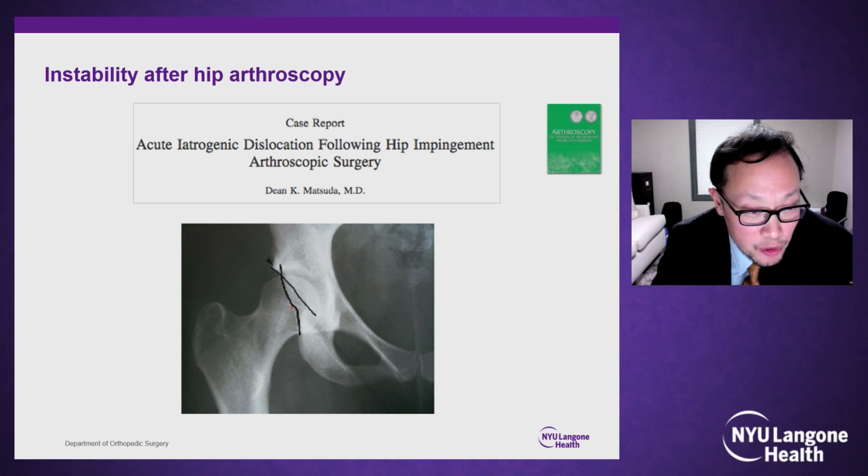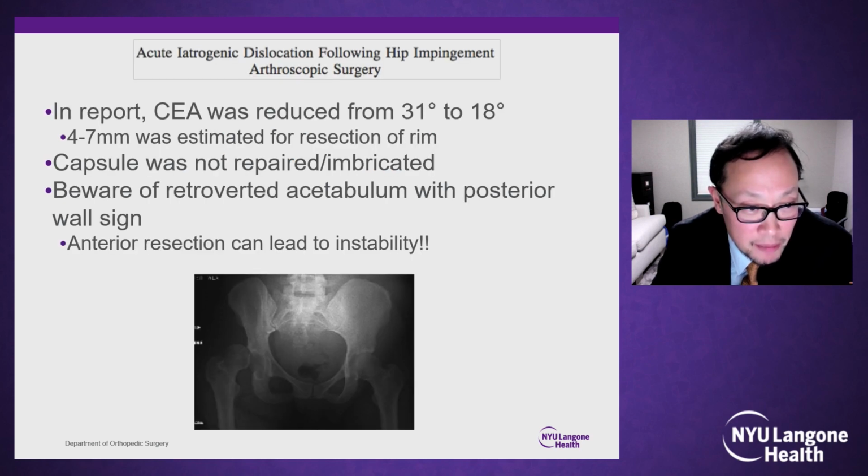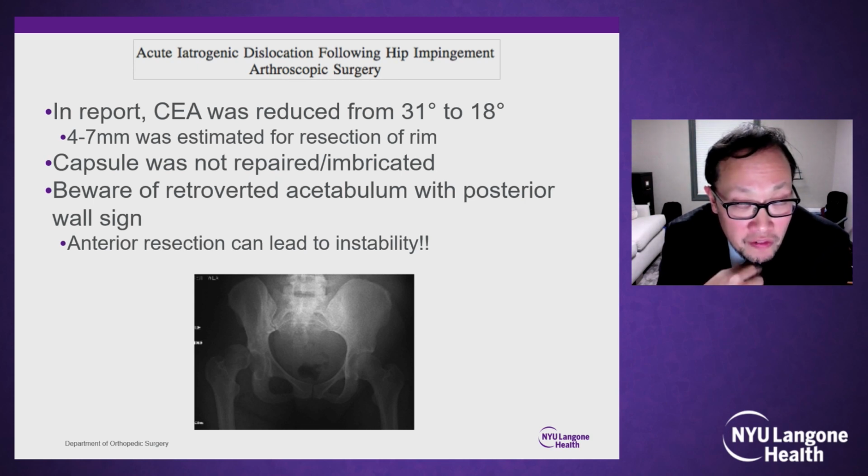As another case report, Dean Matsuda, acute iatrogenic dislocation following hip impingement arthroscopic surgery. In the report, the center edge angle was reduced from 31 degrees to 18 degrees. So as I stated earlier, after Dr. Stein's talk, we've gone away from over-resecting, which was a bit of a problem as far as if you didn't resect enough, you didn't handle the underlying FAI.